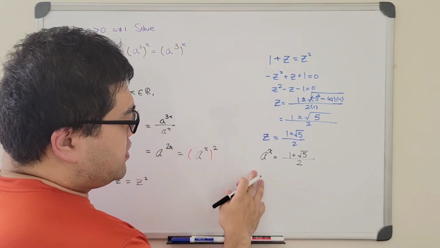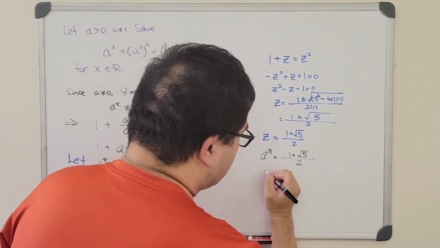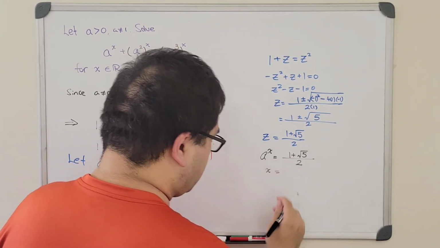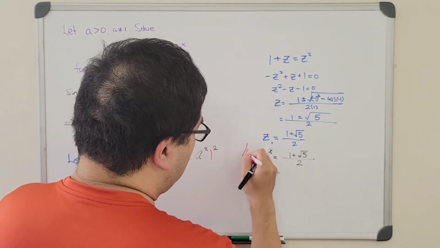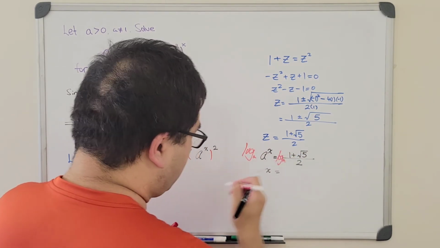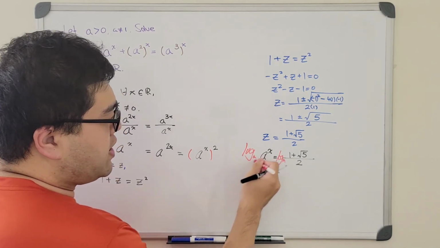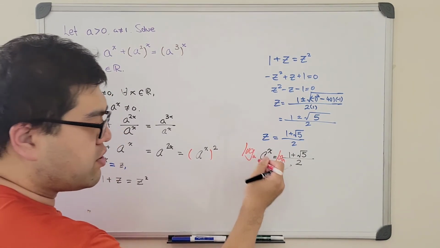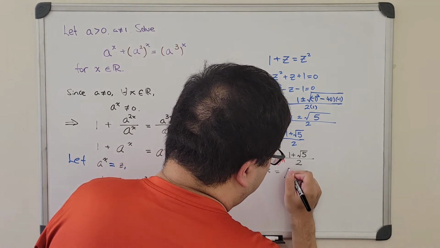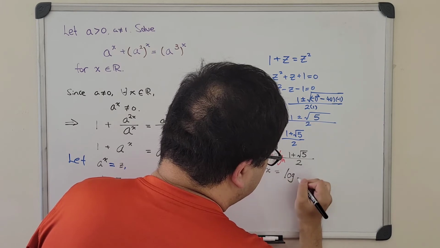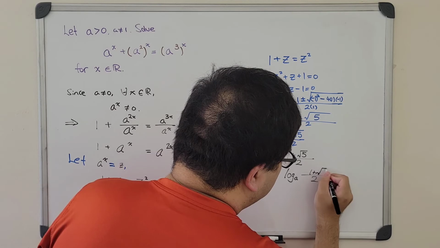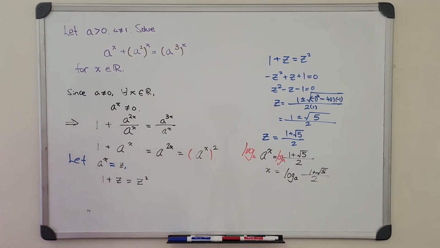So in order to solve for x, we just need to take log base a on both sides, so that we get log base a here and log base a here, so that the base a and the log a here will be cancelled out, and we finally get our general result. x is equal to log base a of the golden ratio, 1 plus radical 5 over 2.